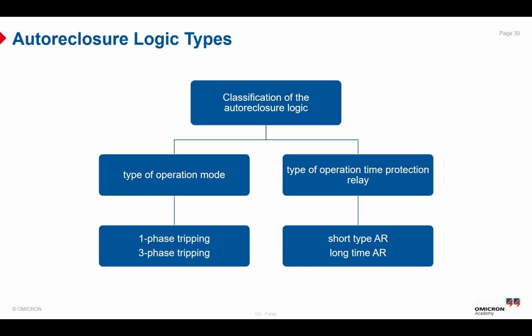The long time AR is only used when more than one AR cycle or AR shot is parameterized. Typically such dead times are in the range of 60 seconds up to 120 or 180 seconds, depending on the design and on the network topology. After a three-pole trip, a synchro check is also required for a successful auto-reclosure.